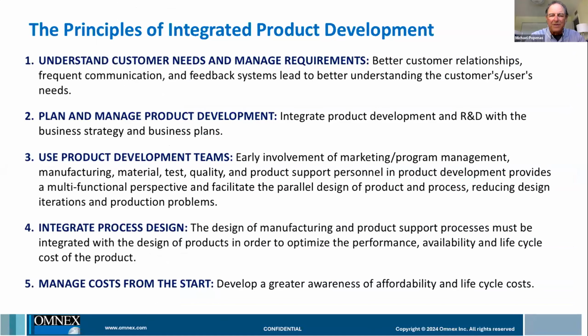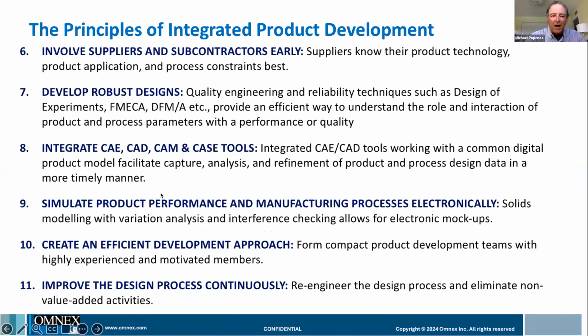So some principles around this whole thing. Customer needs. Manage your product development system with these things we're talking about. Cross-functional teams. Integrated process design, which is the same thing as cross-functional teams. Work together. Managing the costs, of course. Don't overlook your supply base. Absolutely involve them. Designs that are robust will result.